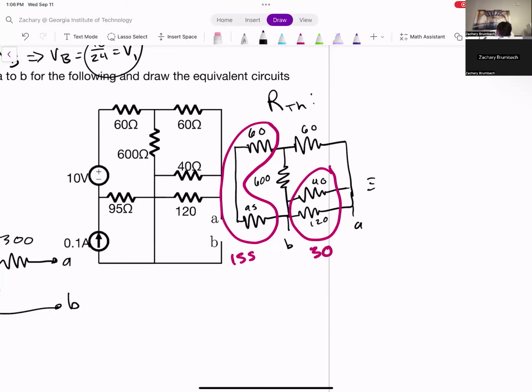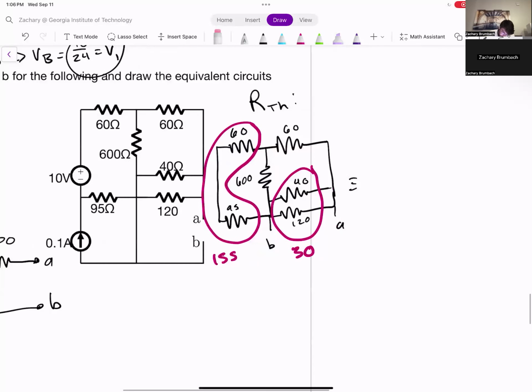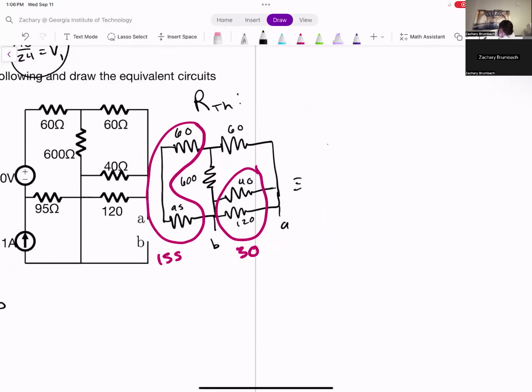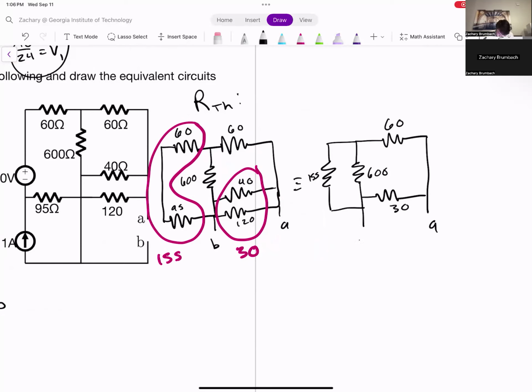So now we have 155, this is 660, this is 30, and this is B.